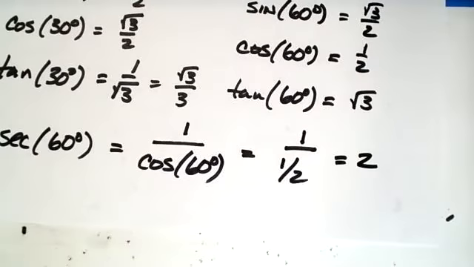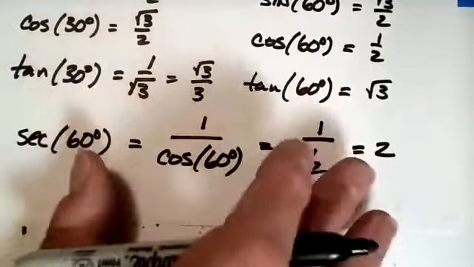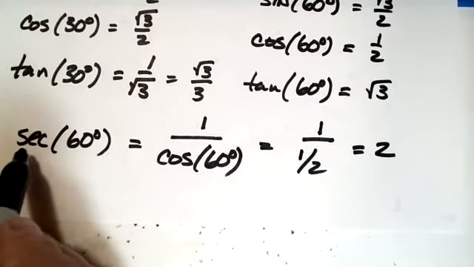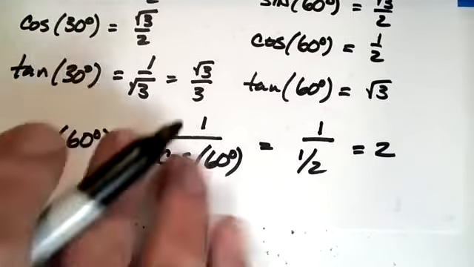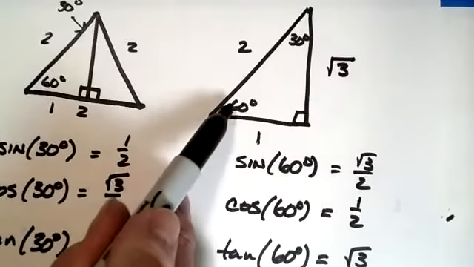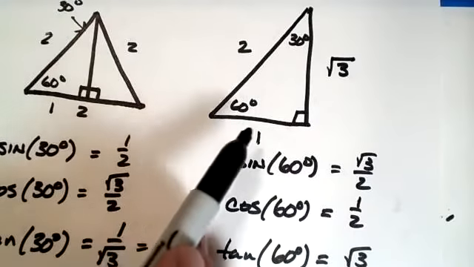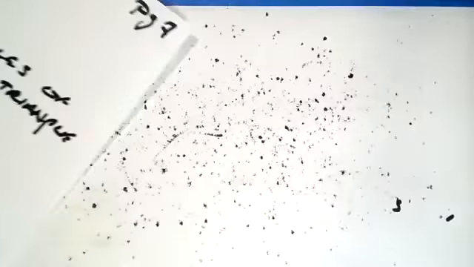So the secant of 60 degrees must be 2. Let's check to make sure that that's right based on the triangle. So remember, secant is not adjacent over hypotenuse, it's hypotenuse over adjacent. So here's your 60-degree angle. Hypotenuse is 2, adjacent is 1. We do get the result we were looking for. Okay, so that's the 30, 60, 90 triangle.